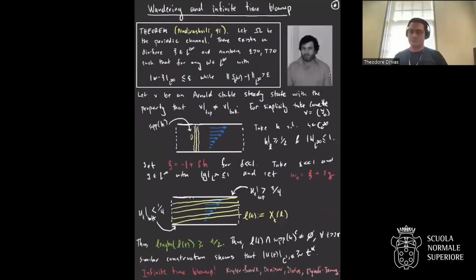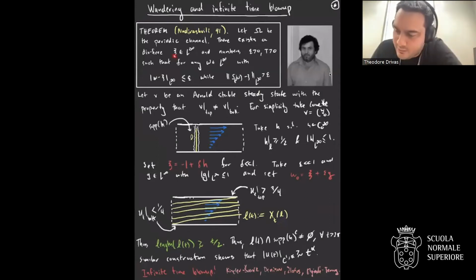Okay. So now the next question that you would like to think about is time dependence. So what happens if you start nearby one of these stable stationary states? And there's this very nice result in the 90s by Nadirashvili about wandering of nearby solutions in the L-infinity topology of vorticity, so in the Yudovich phase space for Euler.